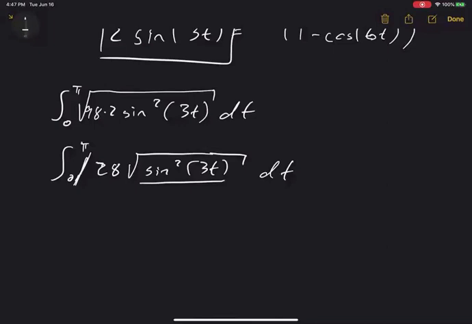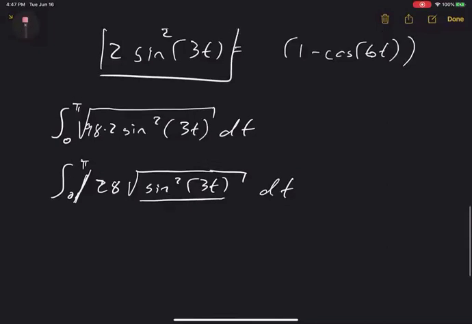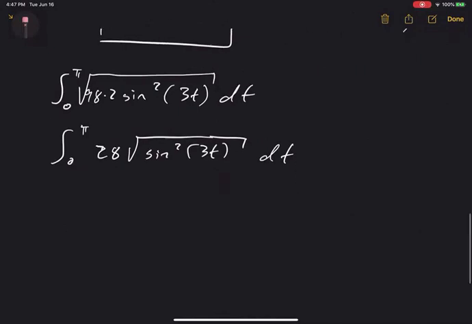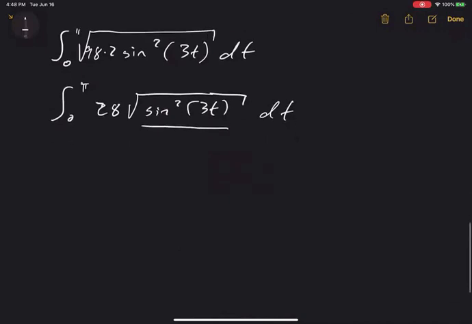This is an example of why we have to be careful here. Technically, when I take the square root of this square, it becomes the absolute value of sine of 3t. And on this interval 0 to pi, sometimes this is positive, sometimes it's negative.